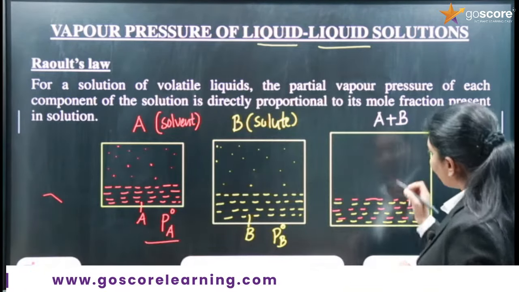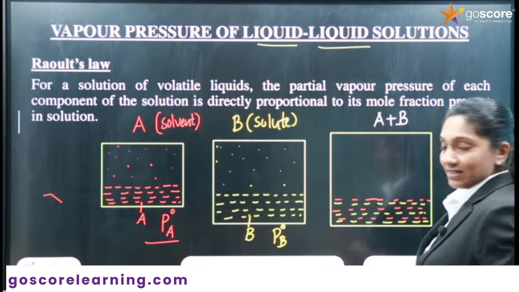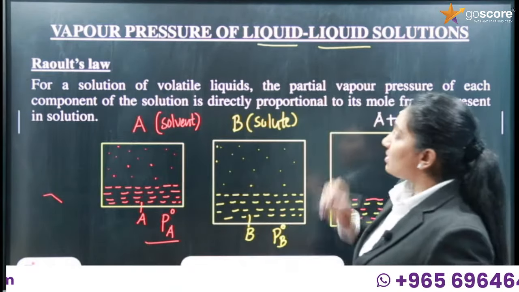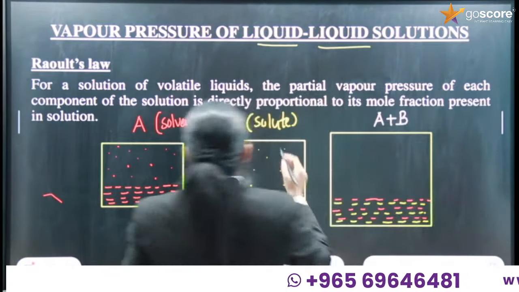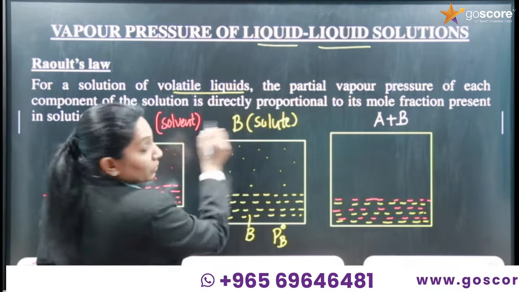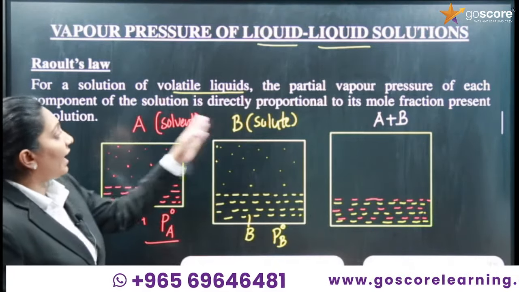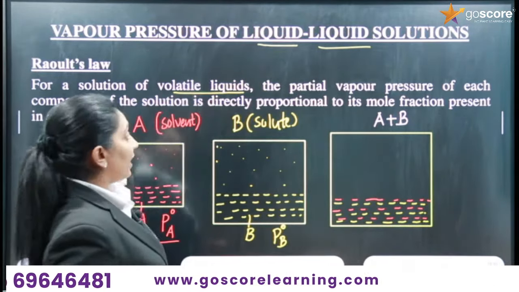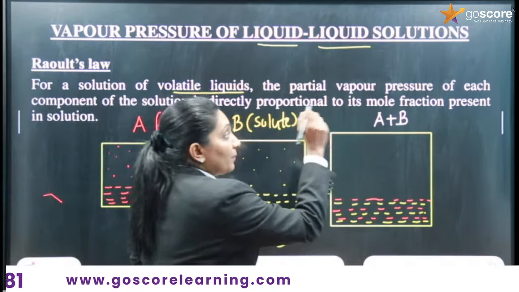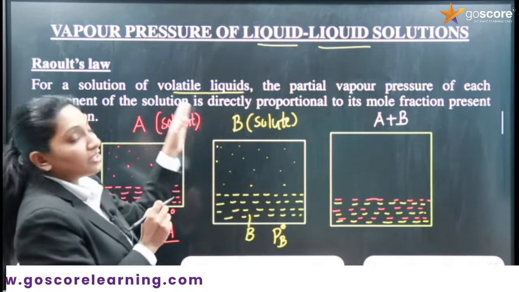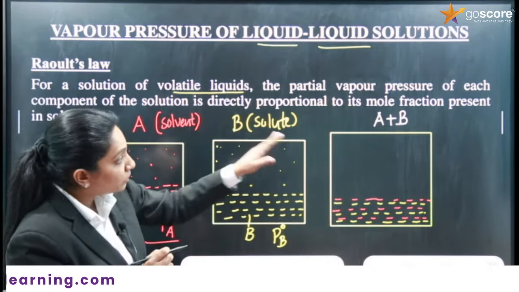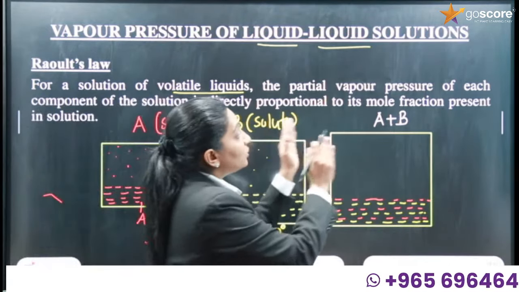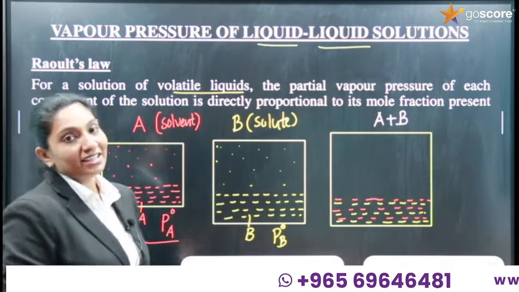Here there are both the components A as well as B. There we will apply Raoult's law. See, Raoult's law states that for a solution of volatile liquids, that is the two liquids we take here, the A and the B, so this is the solution of two volatile liquid substances, the partial pressure of each component of the solution, the partial pressure due to A as well as the partial pressure due to B, is proportional to its mole fraction present in the solution.